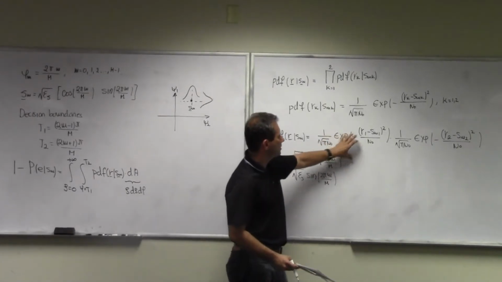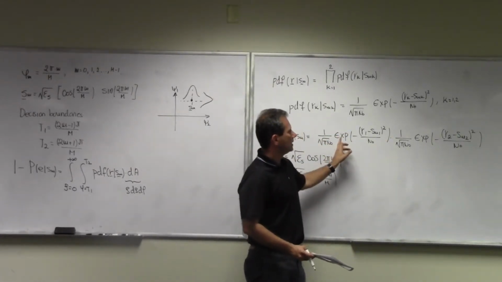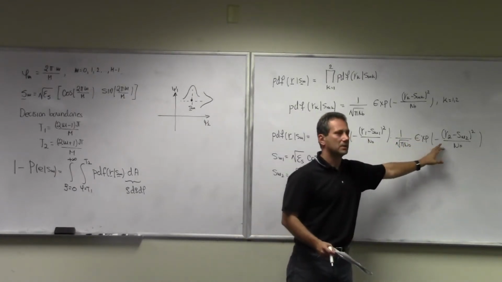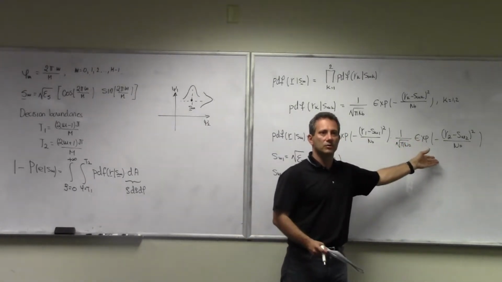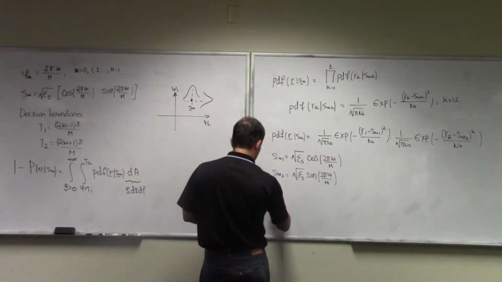Now, if I plug this in here, this times this gets rid of the square root, and e to something times e to something else is e to the sum of the two. So this can be simplified to look like this.